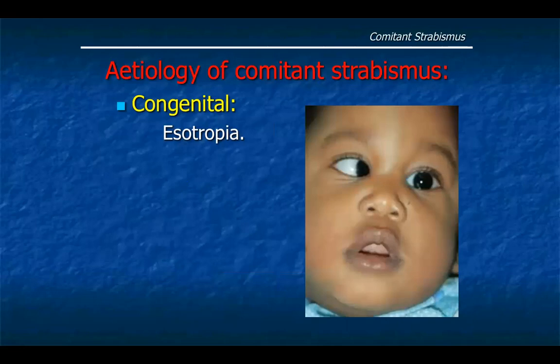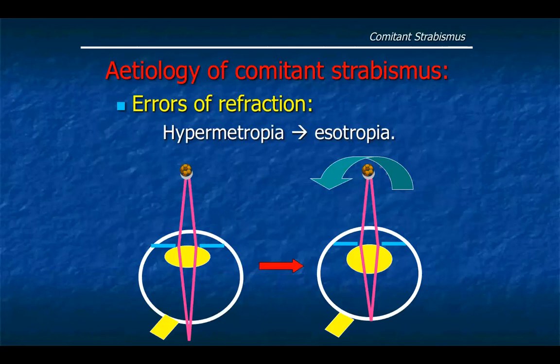The etiology of comitant strabismus. Comitant strabismus could be congenital, which starts at birth or during the first 6 months of life, and usually it is esotropia. Second cause is errors of refraction, uncorrected errors of refraction, just the same as heterophoria. Hypermetropia causes esotropia, as there is too much accommodation, too much convergence.